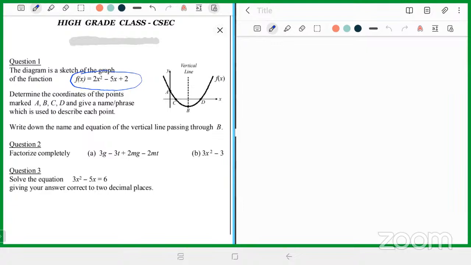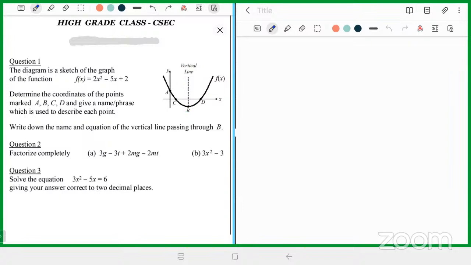So clearly that's a quadratic function, and we see it as a smile shape because it corresponds with the fact that the square term is positive. And then it points to these points A, B, C, and D, those four critical points, and also this vertical line, which is also critical on a quadratic function.